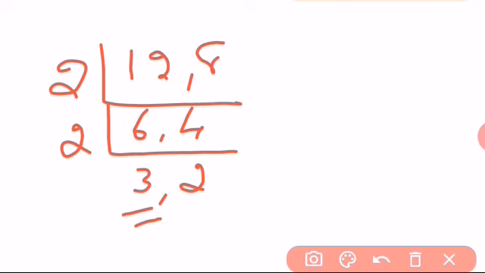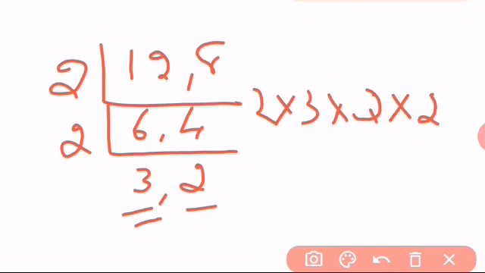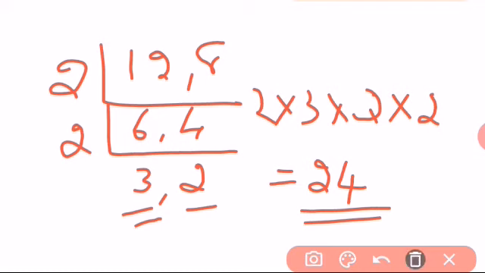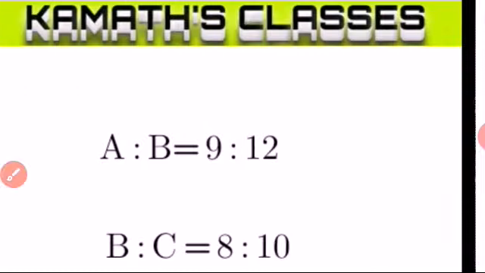So 3 and 2 are prime numbers. 2 into 3 into 2 into 2 is equal to 24. 24 is the LCM.